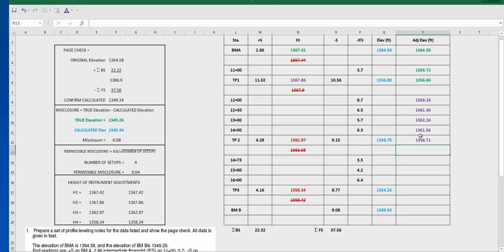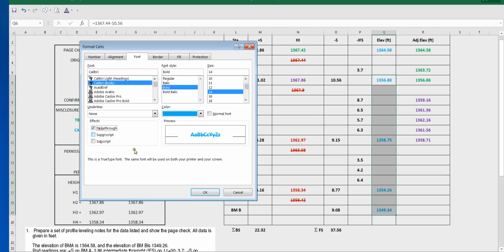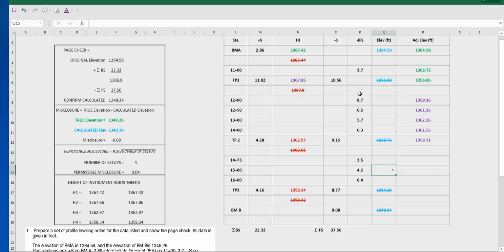In this, did I type that right? So we have these values, and except for the very first one, the rest of these values would be incorrect. They should have a strike through also. Okay, so all those values are incorrect.